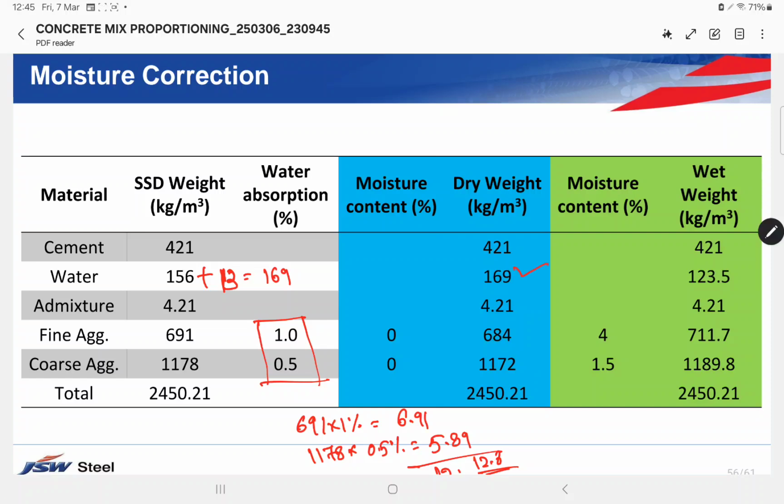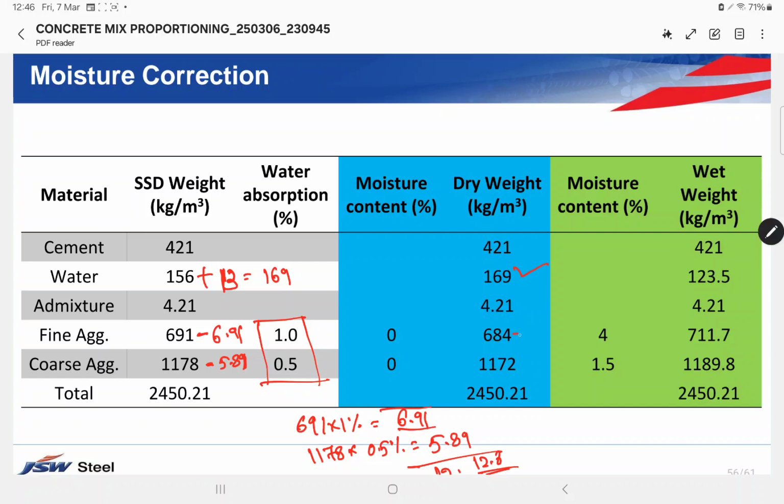Here 169, and we also need to subtract this amount from these values, so that when they absorb water, the value will become this.